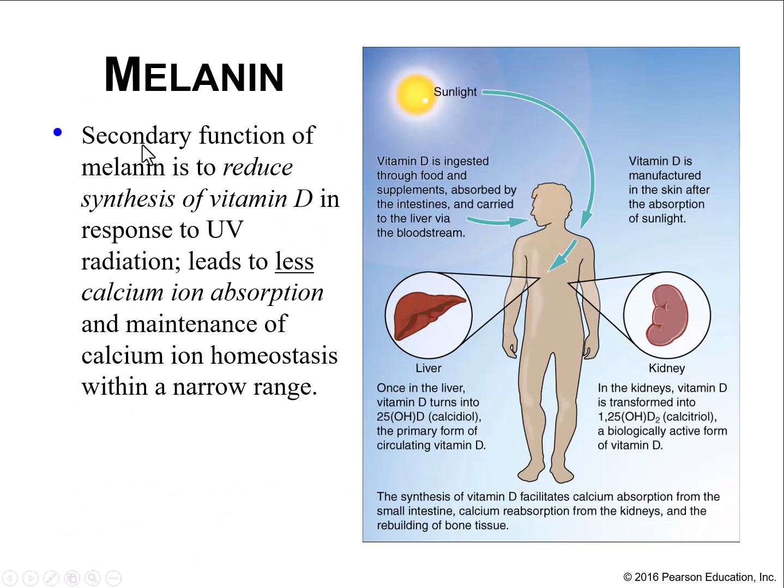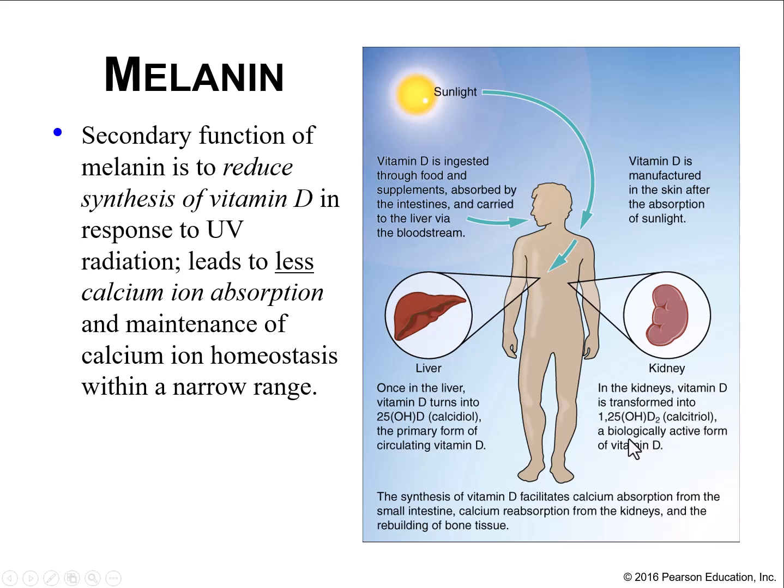And as I mentioned before, melanin also plays a role in vitamin D synthesis. Being exposed to the sun helps to manufacture vitamin D after the skin absorbs the sunlight. It is then carried to the liver, where it is converted into calcidiol, which is the primary form of vitamin D circulating, or is taken to the kidneys and is transformed into calcitriol.